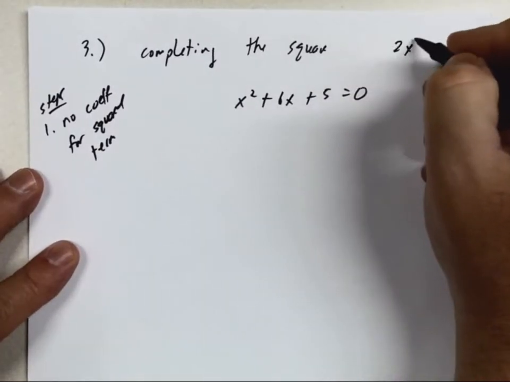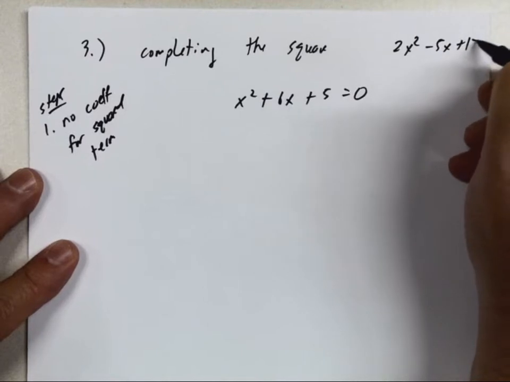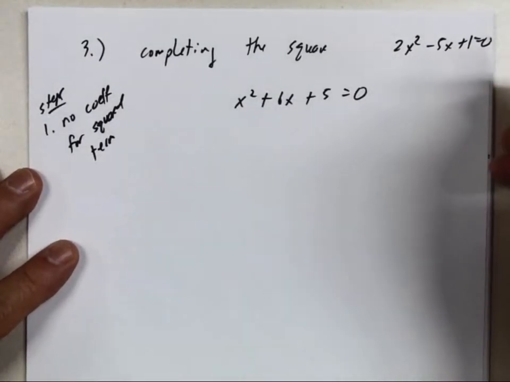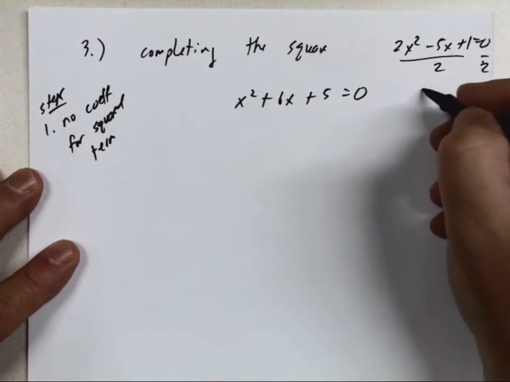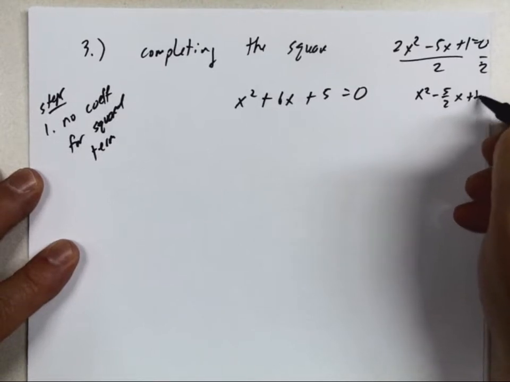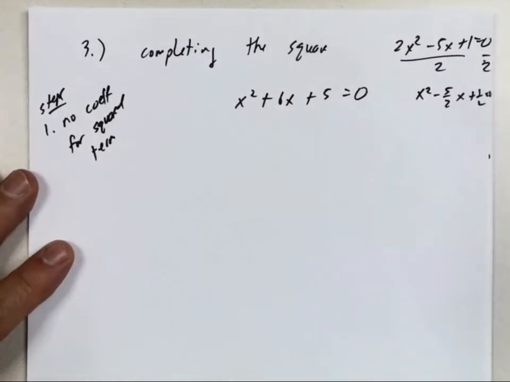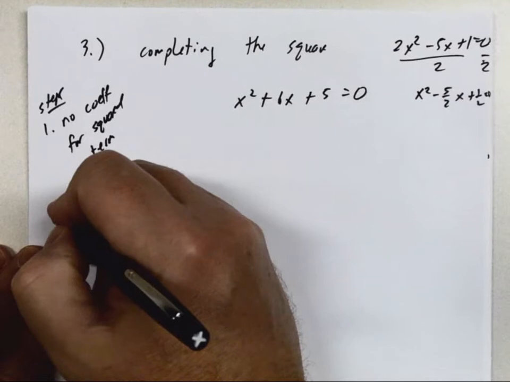If I have an equation like this, the first thing I have to do is get rid of that 2. Normally you divide both sides by 2, so you get x squared minus 5 halves x plus 1 half equals 0. You cannot have a coefficient on the squared term. Here, we don't have one to start with.